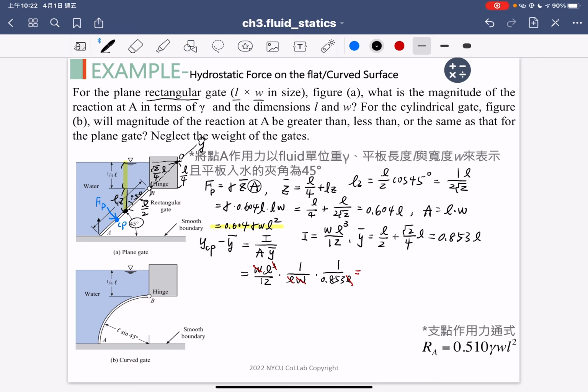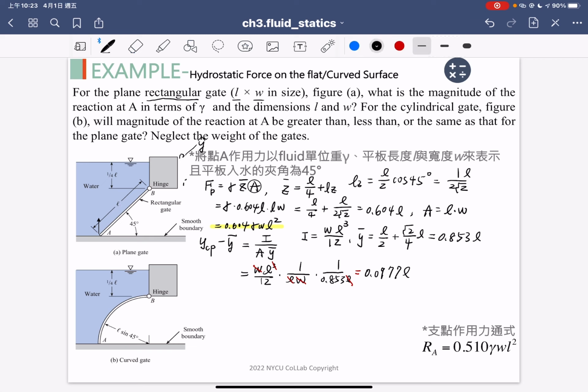It is equal to 1 divided by 0.853 and divided by 12. So it is around 0.0977 L. Because we have the FP and we have the y minus the y bar, I just remove it here.